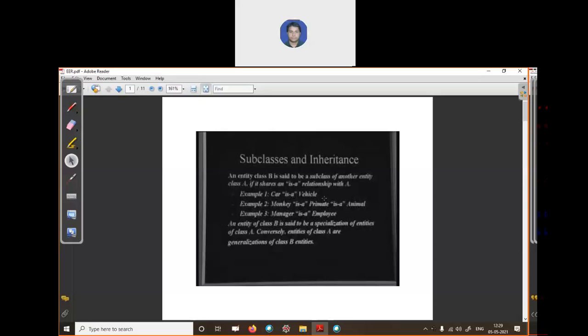When we have two entity types A and B, and in these two entities there is a relationship, when entity type B has an is-a relationship with entity type A, the entity B is said to be the subclass and entity A is the superclass. Let me draw.